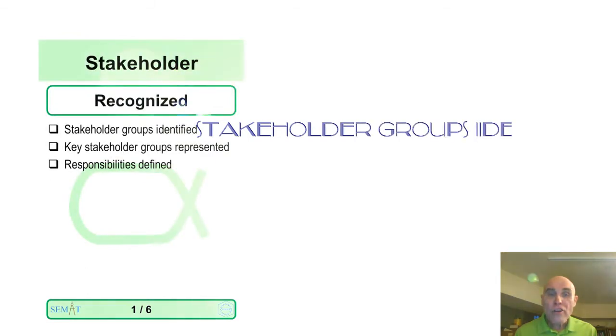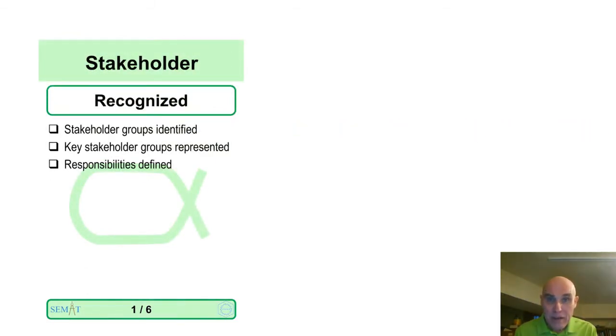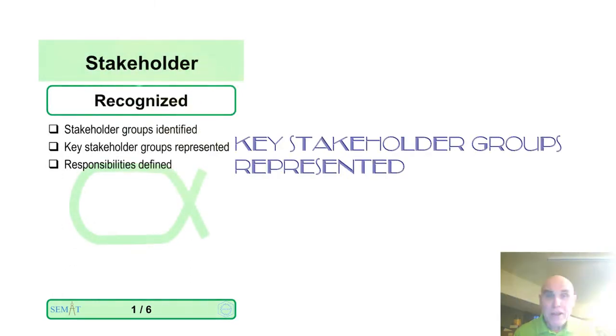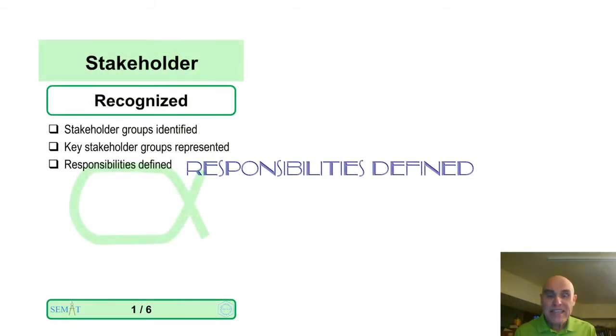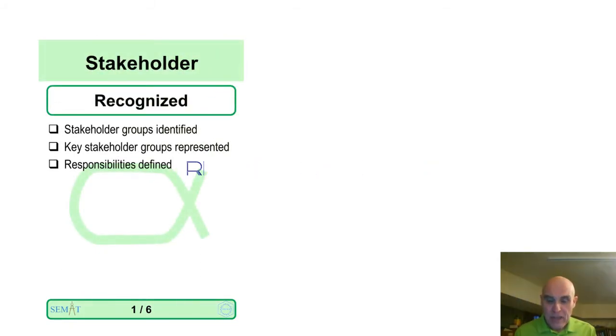And in the stakeholder alpha, first we find that stakeholder groups need to be identified. Key stakeholder groups need to be represented, and we say key because it often isn't practical for all the stakeholder groups to be represented, and responsibilities need to be defined.